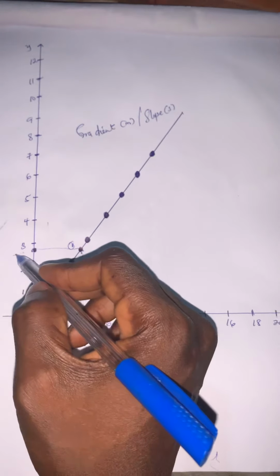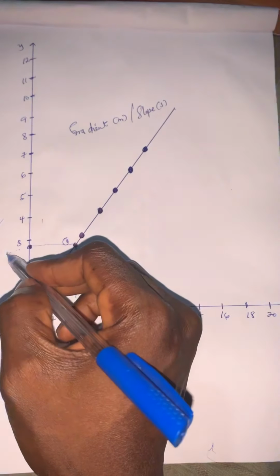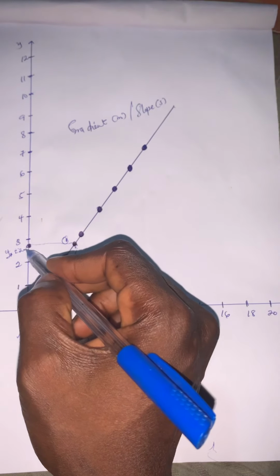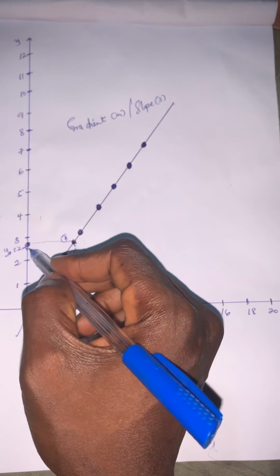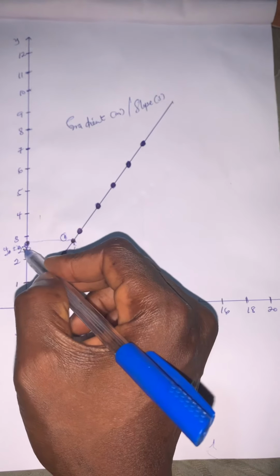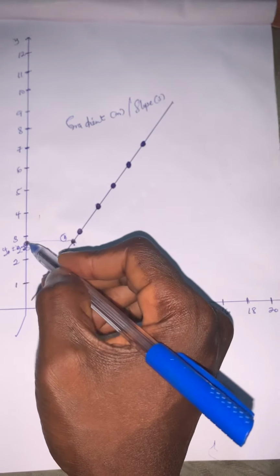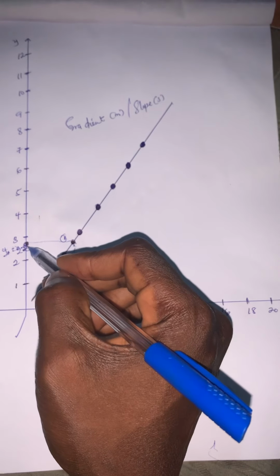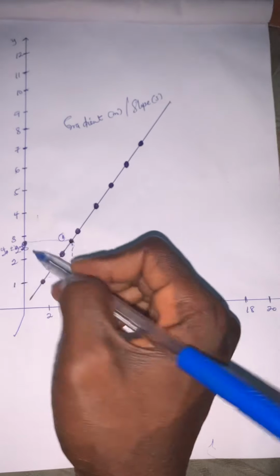So this 2.8 will be my y1. Because it's not falling on the 3, but it's closer to the 3.